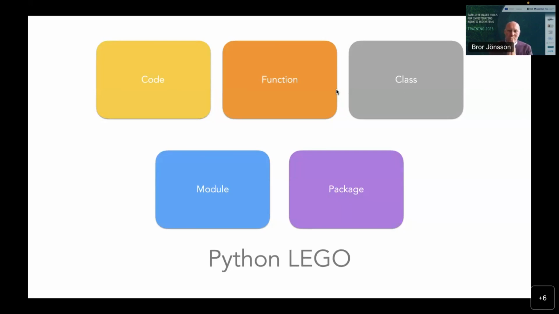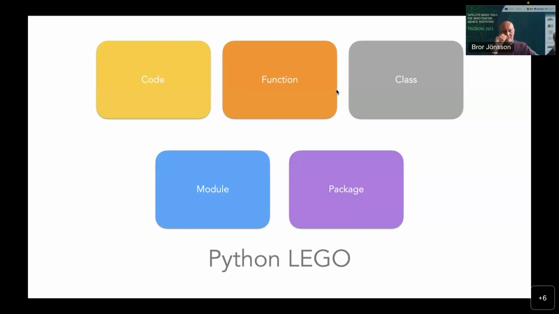All right, so when we write code in Python, and I'm going through these once again, it's like avoiding people shooting you in your foot. You might remember this when you start working on it. When you write code in anything, you want to separate the code in different ways. And the way you do that in Python, and the terms that they're using, are: you have the code, which is just a list of commands. You can separate them into functions.